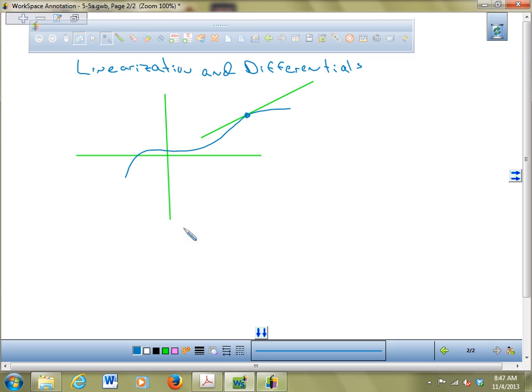As you get very close to a point, if you were to zoom in on that point, the curve would look more like a line. If you keep zooming in and zooming in, it ends up looking like the same thing, really.